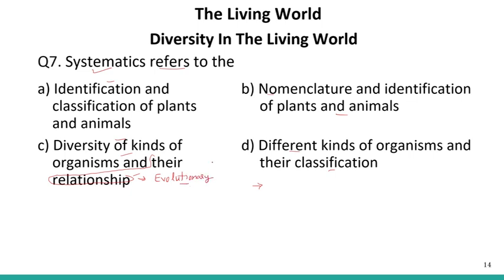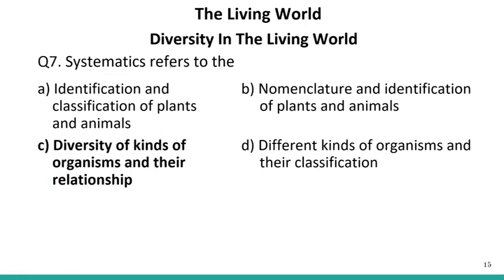So all the other options are incorrect. The correct option is C, diversity of the kinds of organisms and their relationship.